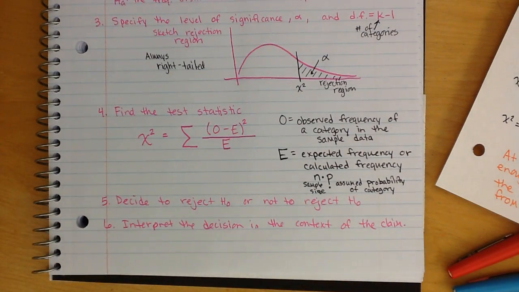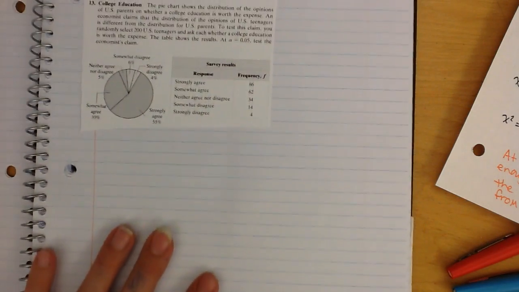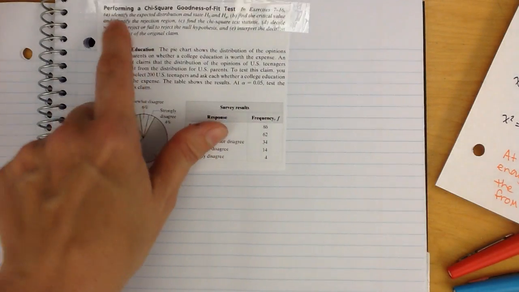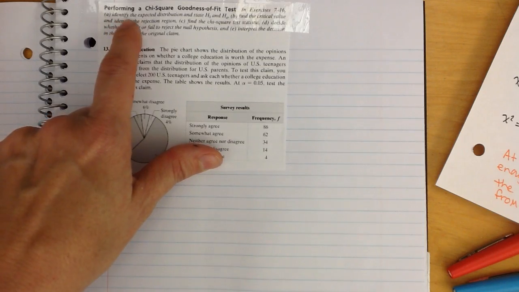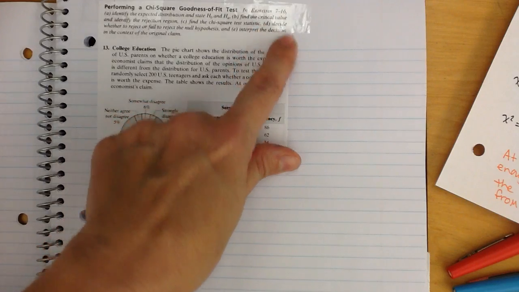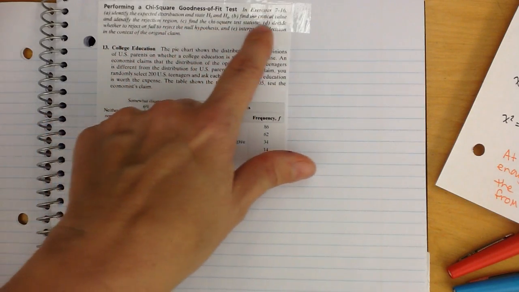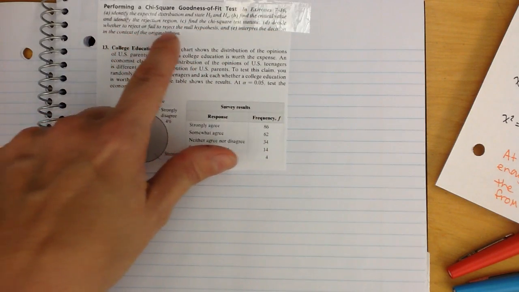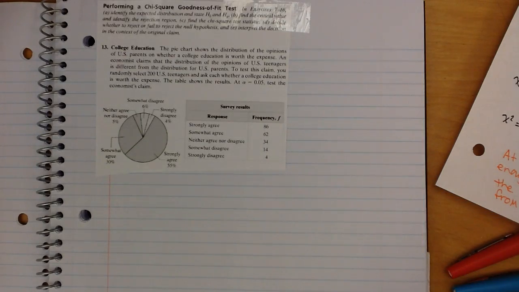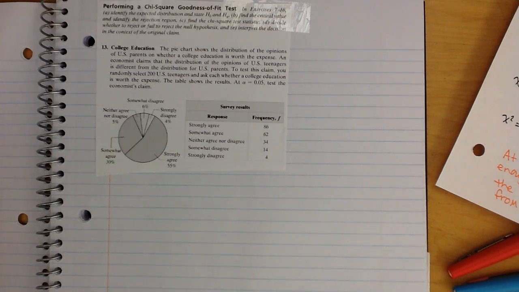Okay, so we're going to do this example here. We're going to follow these instructions. We're going to identify the expected distribution, state the H sub 0, H sub A, find the critical values, rejection region, chi-square test statistic, decide whether to reject or fail to reject, and interpret the decision. So basically all of those steps that I just pointed out to you. So let's take this a bit at a time.